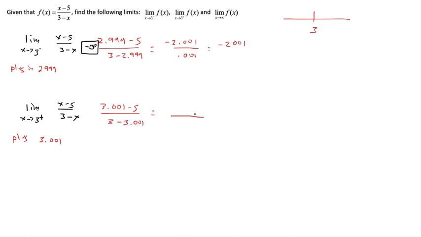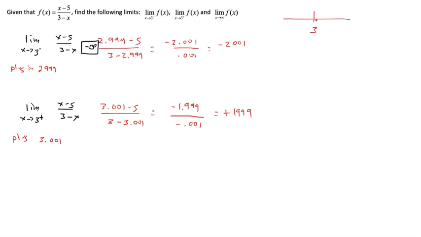Once again, the actual number doesn't matter, but here we get negative 1.999 on the numerator. In the denominator, notice we get negative 0.001. Once again, we're not concerned with the actual values, but the numerator is negative and the denominator is negative. That ends up being a positive.